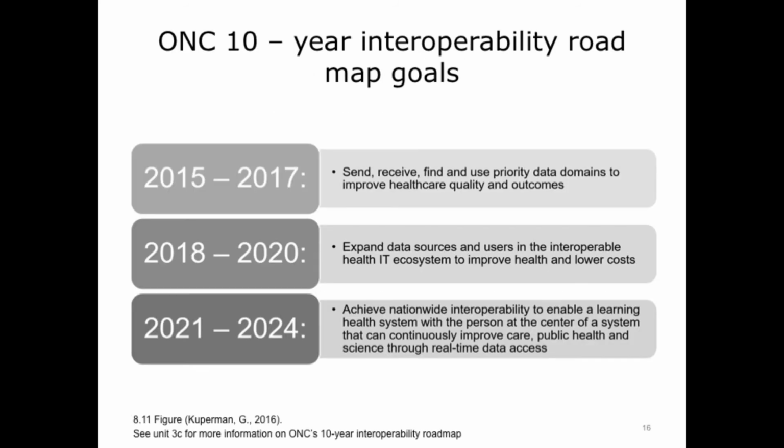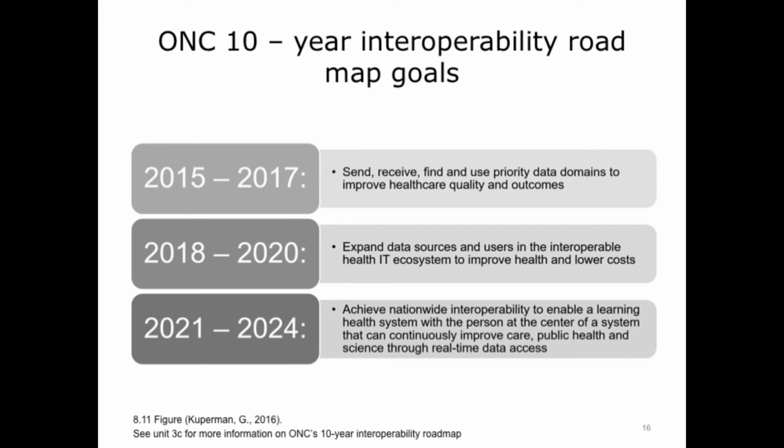Another initiative to advance health information exchange at the national level is a report that was released from the Office of the National Coordinator, ONC, in October 2015. In this report, the ONC laid out a 10-year interoperability roadmap. This roadmap had the goals divided into 3 phases.